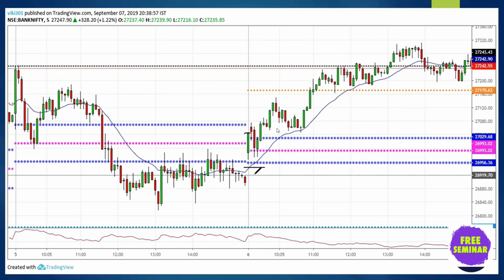Because if you enter here and keep your stop loss here, you are not keeping the stop loss below the protection. What I said is, stop loss should be below the protection. Protection is still here, right? So there is a chance that even though the market comes down, it can take the support and go up. So that's why the safe stop loss is below the CPR.